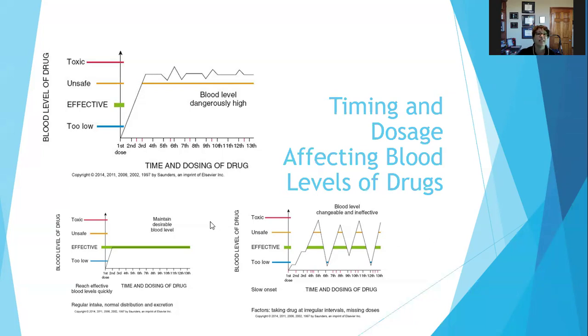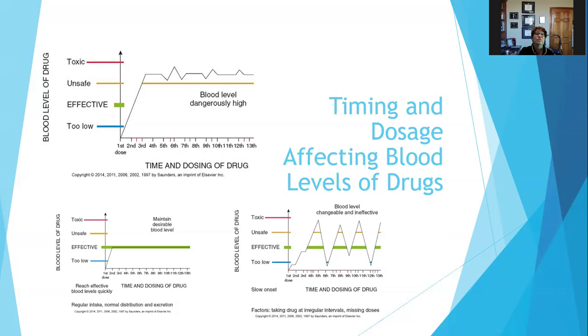Another way that you could get that is not if you're necessarily taking the doses too close, but if your body is not eliminating the drug effectively. So maybe you have a kidney issue, you're not excreting the drug effectively, you could get to a dangerously high blood level because you're not excreting at a normal level.